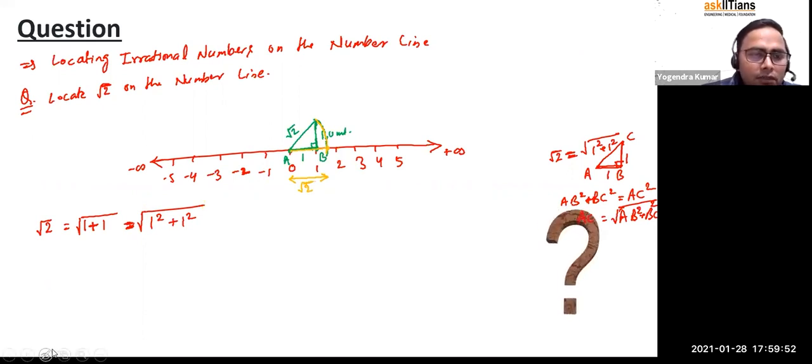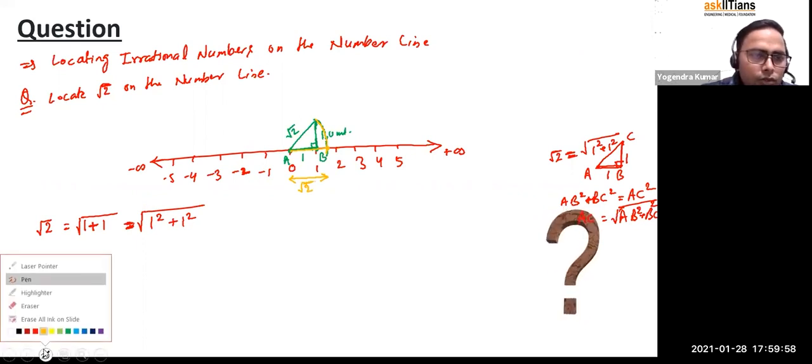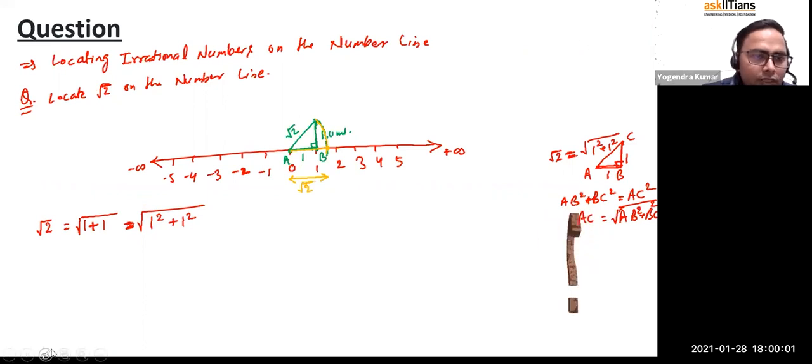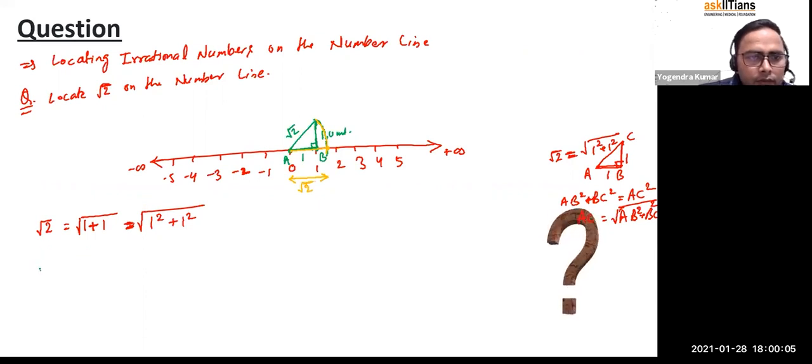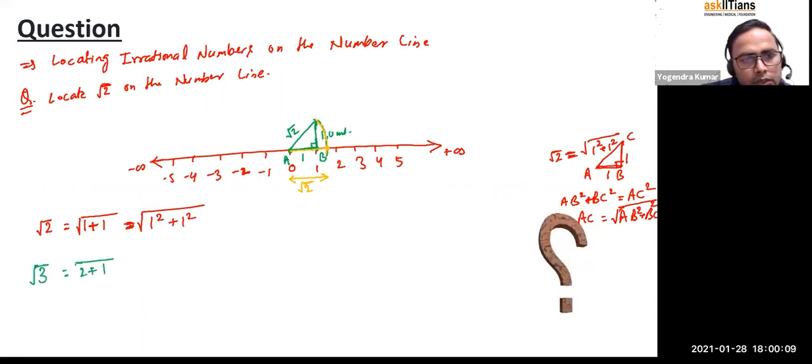Now if someone says, I don't want root 2, I want to do it for root 3, let's say. So how will we do that? Root 3 can be written as root 2 square plus 1 square.